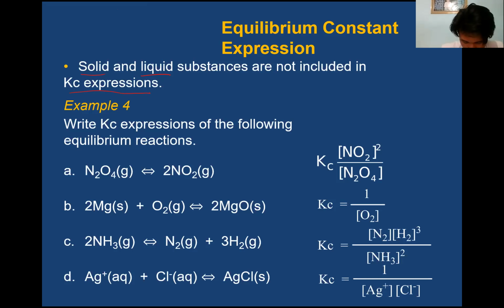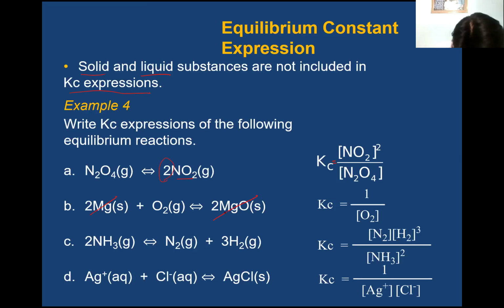So for example, if I have a reaction like this, N2O4 in equilibrium with 2NO2, how to write the Kc is very easy. Kc is equal to, first you write down the product, the concentration of NO2 to the power of the coefficient, to the power of 2, over the concentration of the reactant to the power of 1. For the second example, this is solid, it's not written, this is also solid, not written.